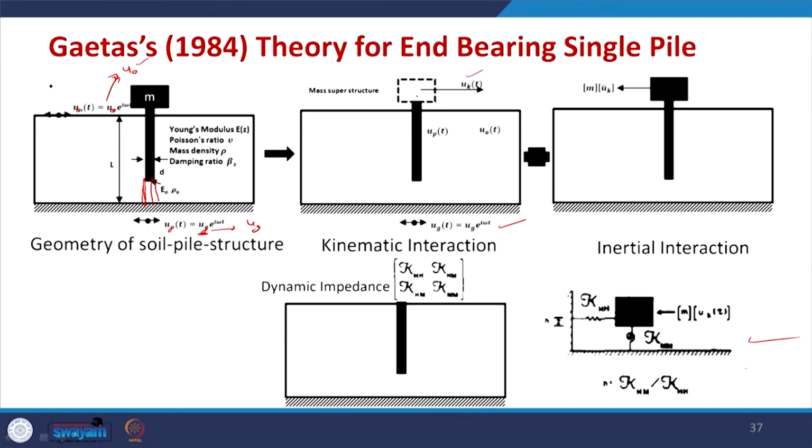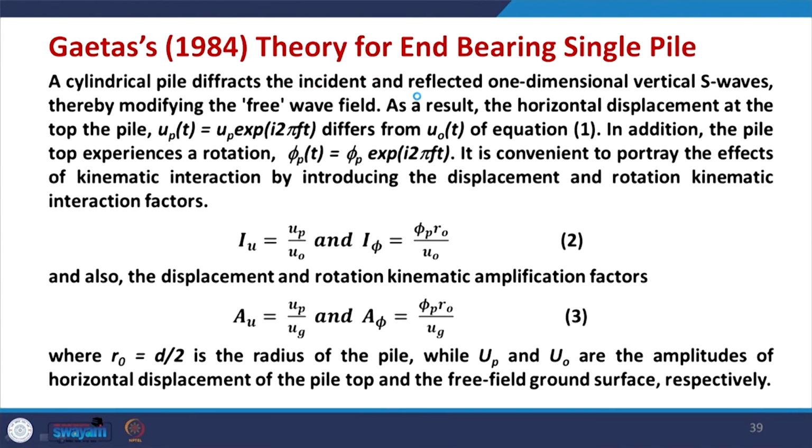Even though your applied force is only translation, you get translation as well as rotation, and these have amplitudes Up and phi p. Both amplitudes are presented as dimensionless factors, which are called interaction factors. So, these are called kinematic interaction factors.